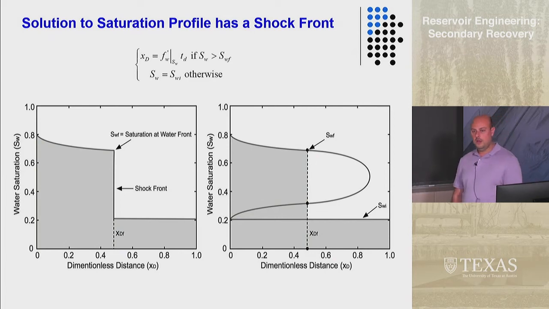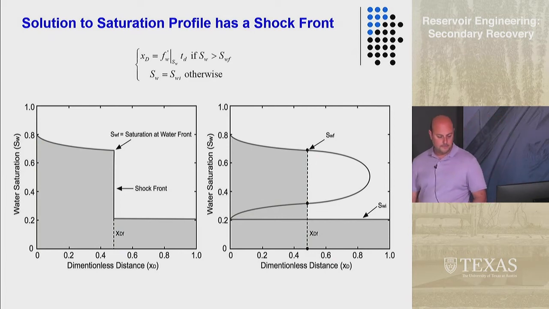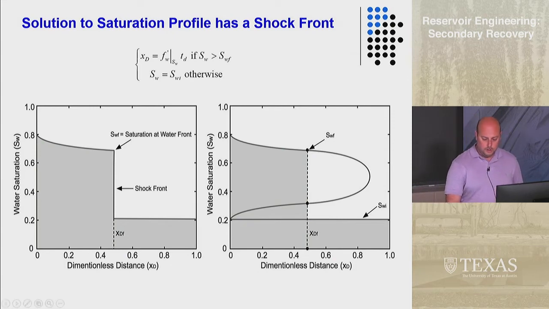Okay, so to recap, the water saturation is on the y-axis. The dimensionless distance is on the x-axis. And what we have on the right is what our mathematical solution was.